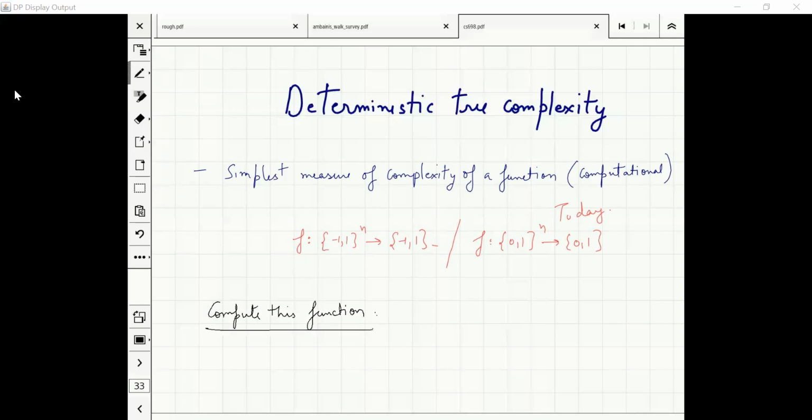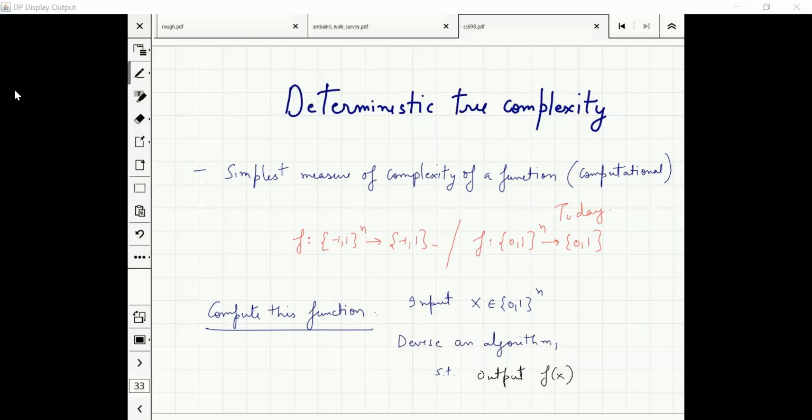This would mean that as an input, you will be given some x, which is an element of the Boolean hypercube, and you need to devise an algorithm which works on any input, correct? So devise an algorithm on your favorite computing machine such that your output is f of x.